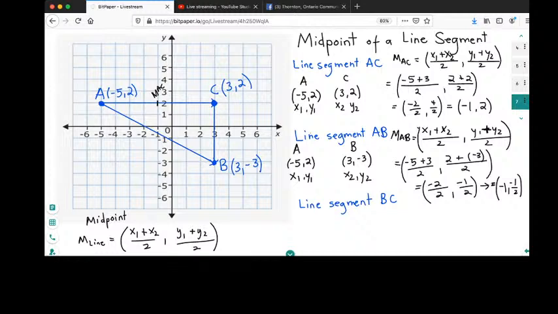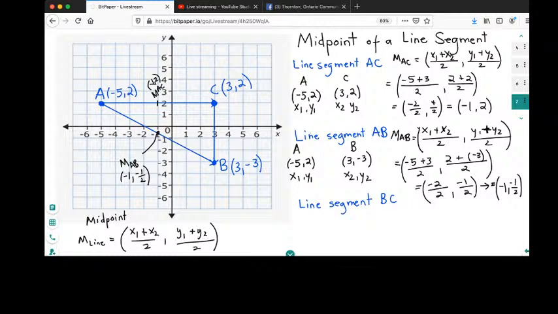That makes total sense because that's right on my line. And I know that that's the midpoint of AB, which I can also write as negative 1, negative a half. And I should actually put the value of midpoint of AC in as well, which was negative 1, 2.